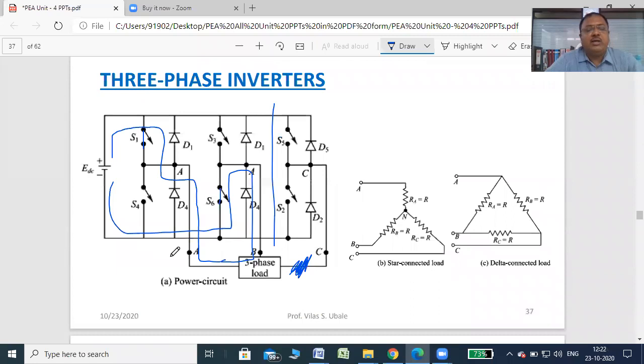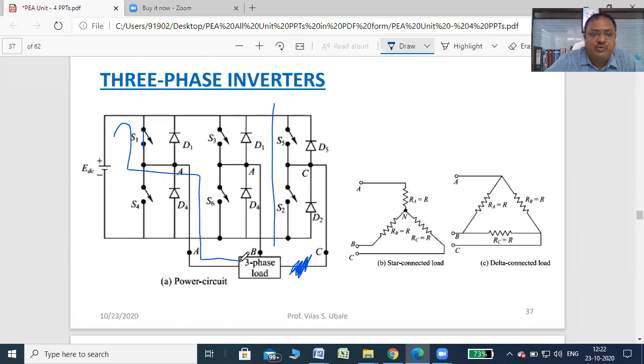You can check here in the circuit diagram. Then S1, S2 is on. In the second interval, S1, S2 is on. So current flows from S1, enters into phase A, and then S2 is on, so current leaves the load from phase C and goes back to the VDC.